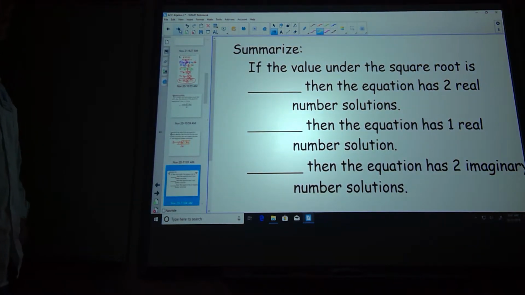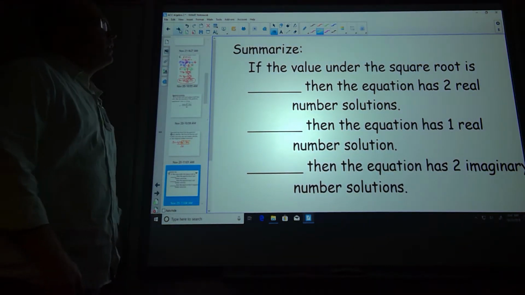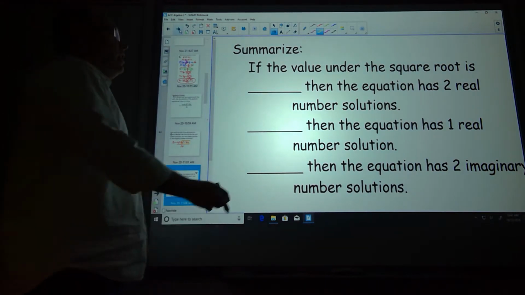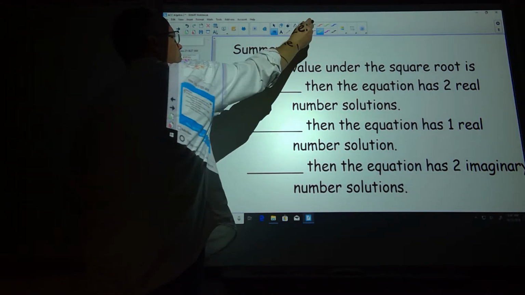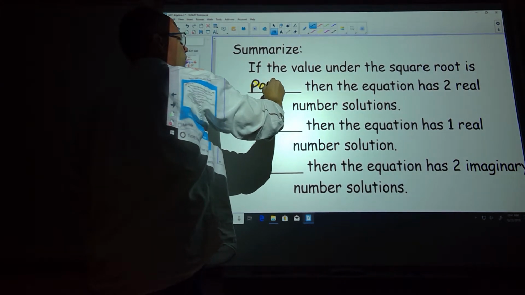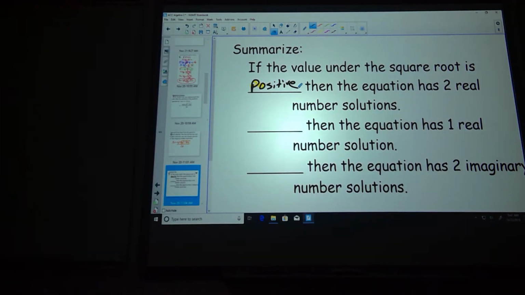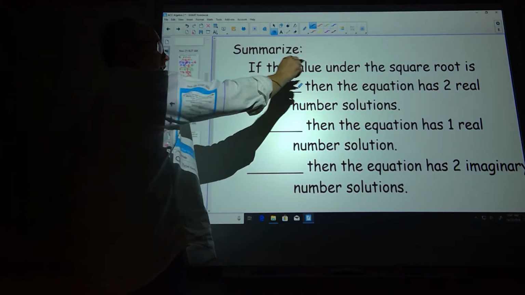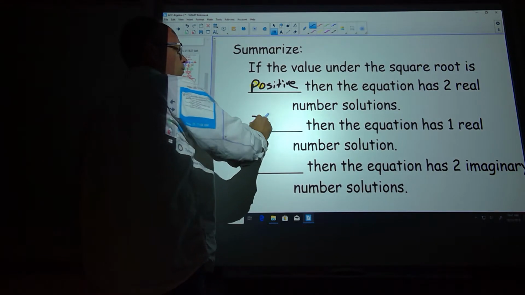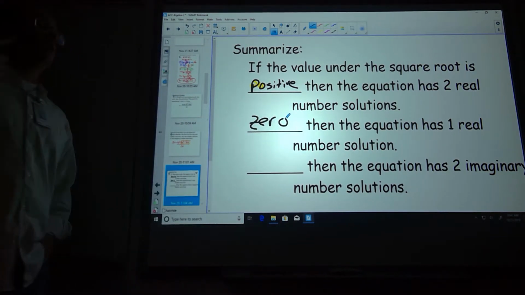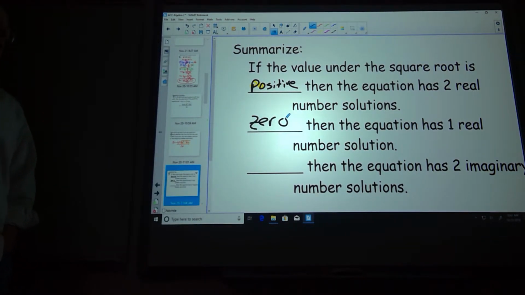All right. So if the value under the square root is positive, then you have two real solutions. If the value under the square root is 0, then the equation has one real solution.